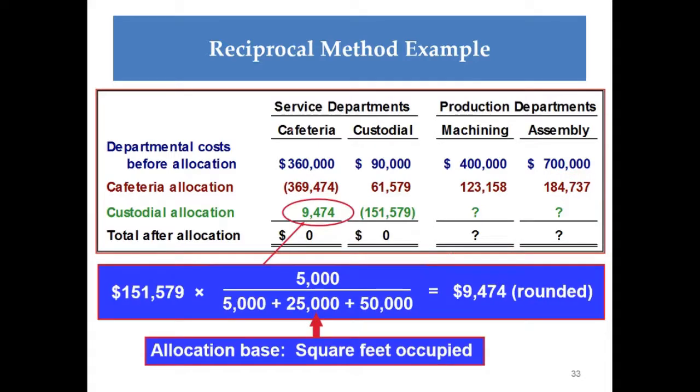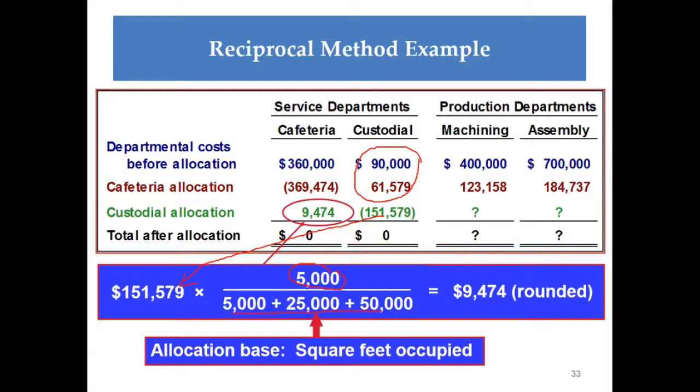Now to allocate the custodial department to cafeteria, machining, and assembly. First, custodial to cafeteria. Custodial has a cost of 151,579, which is the summation of these two amounts. We will allocate it to cafeteria. Cafeteria has an area of 5,000 square feet divided by the total area of the three departments, cafeteria, machining, and assembly.